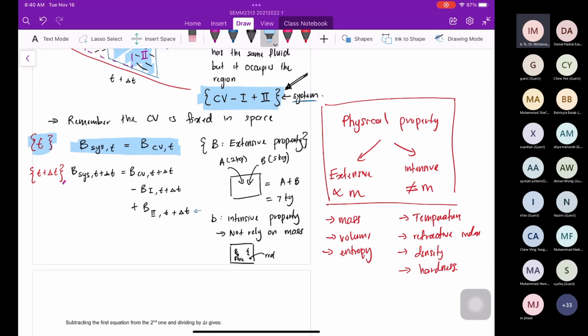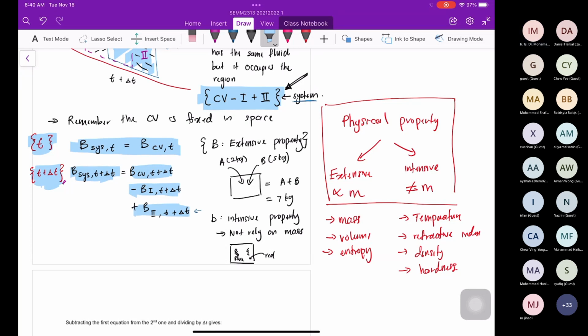After the time t plus delta t, it moves. That means the fluid system starts to move. This is the new region. So how to get the new region? B system at t plus delta t equals control volume minus region 1 plus region 2.